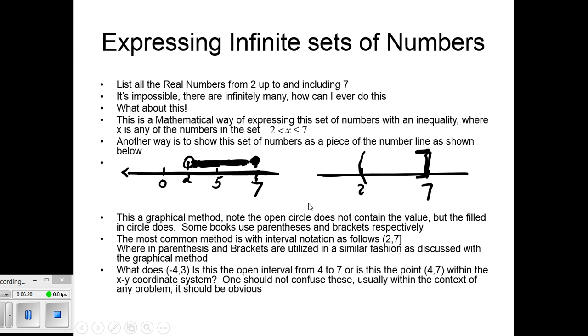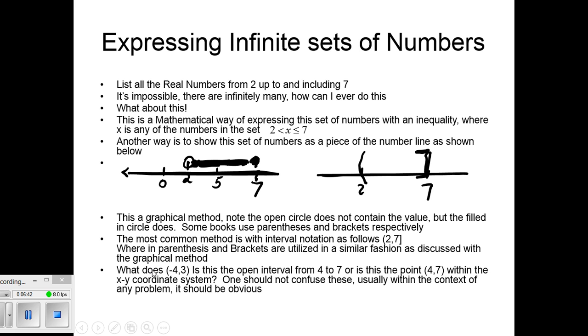An even better way of expressing that is to just use the parenthesis and the 7 down here. This is what we call interval notation, representing all numbers greater than 2 and less than or equal to 7. So we borrow from this, but we just write it as an interval.